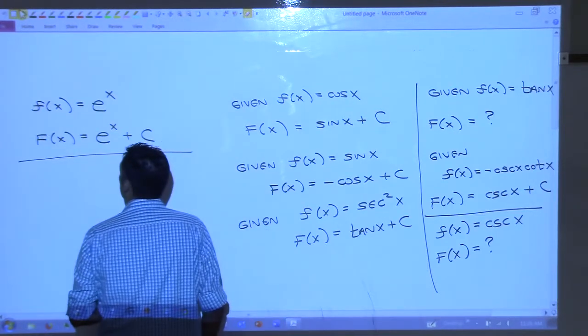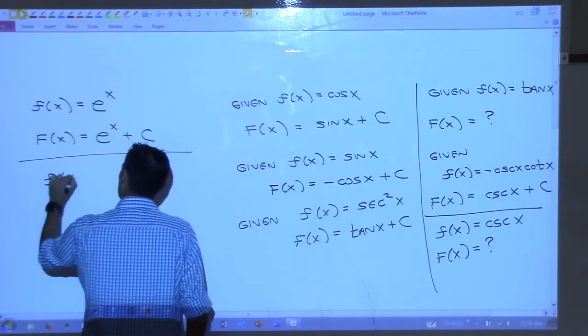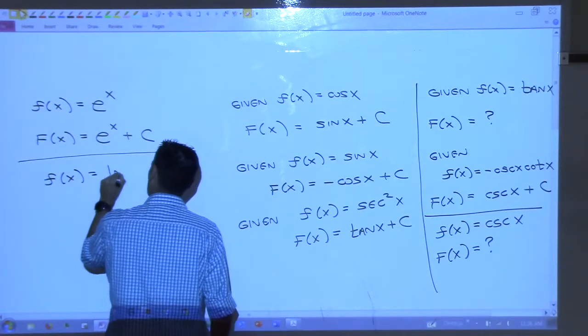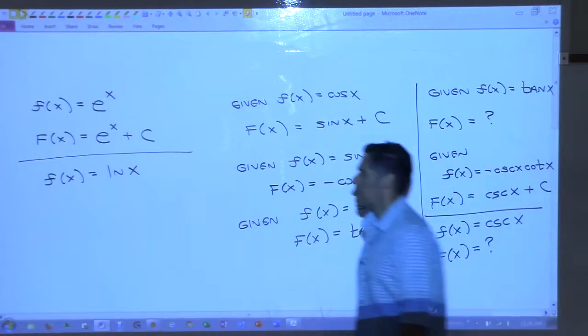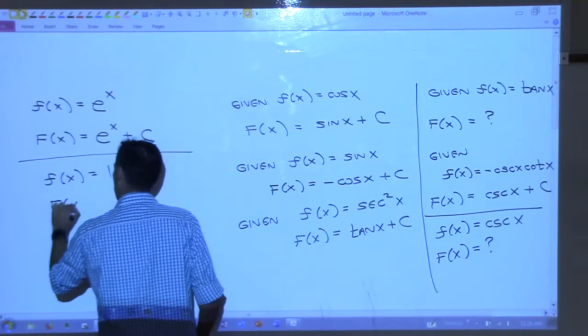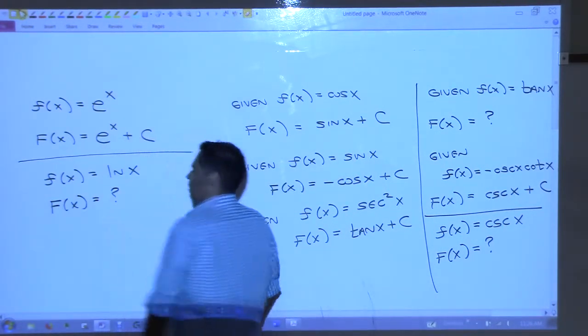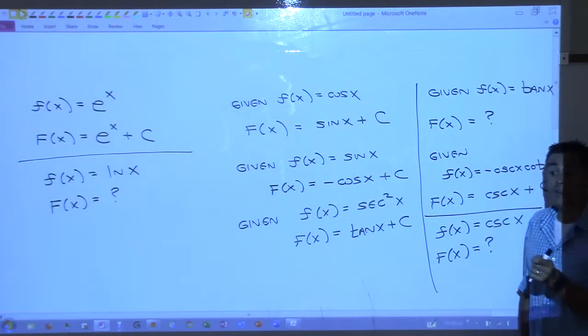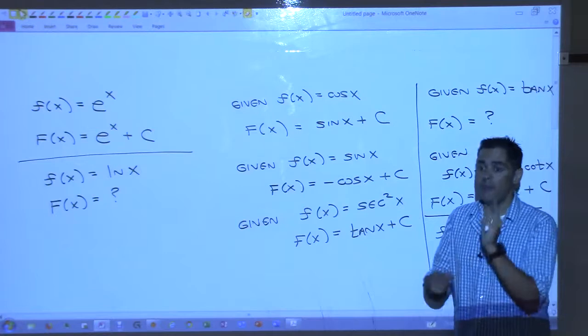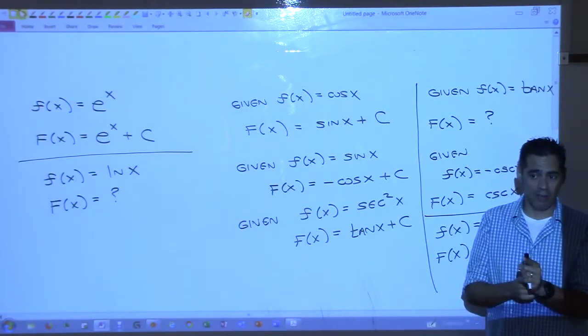What's something else we know? I'm going to do this one on purpose to try and confuse you. Do we know this? Well, the derivative of natural log of x is 1 over x, right?